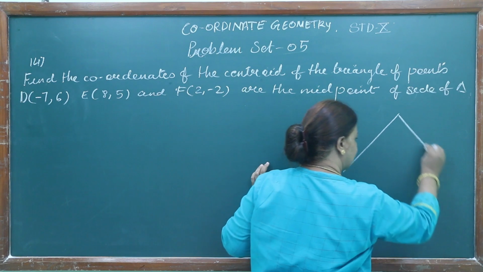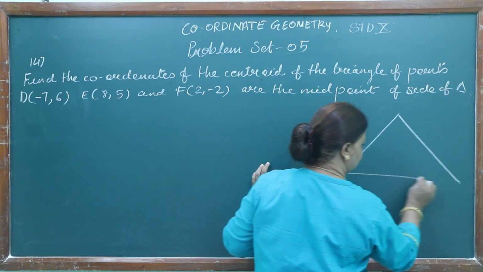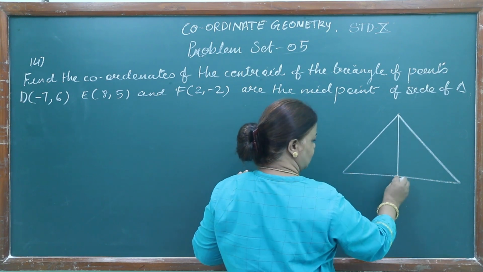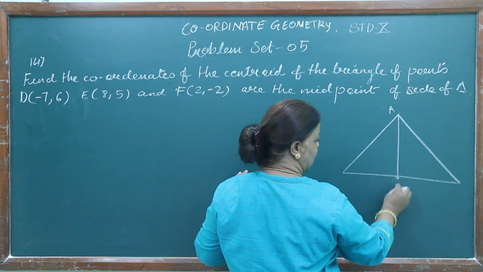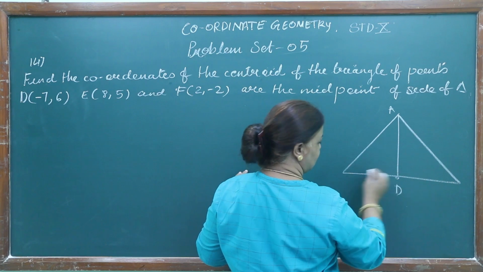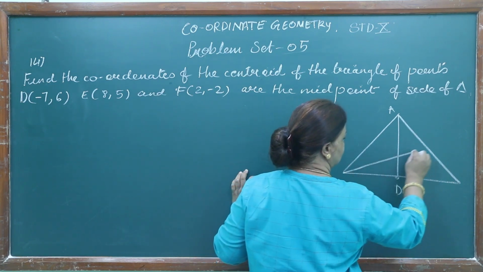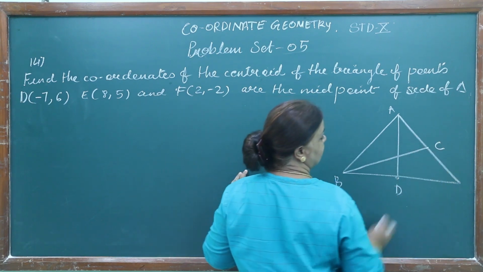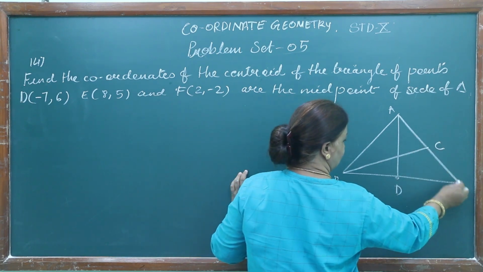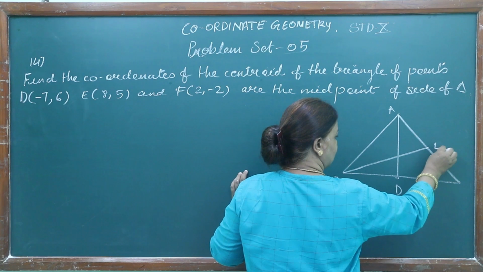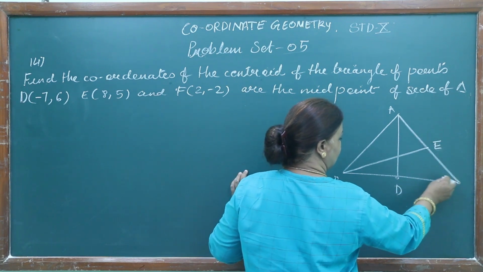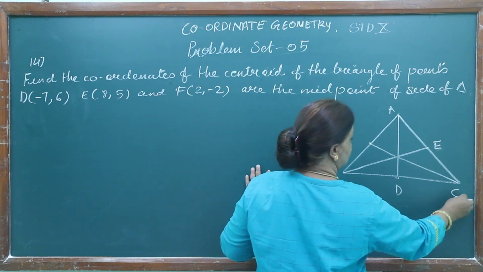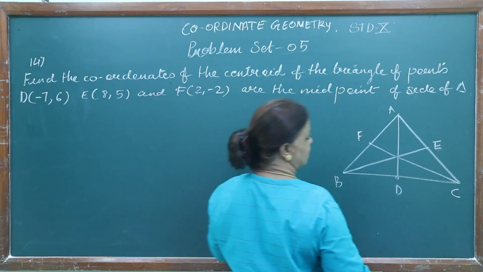Let me draw a triangle here, children. And this is the line AD, which is median. This is the line BE, which is median, and this is the line CF, which is median.